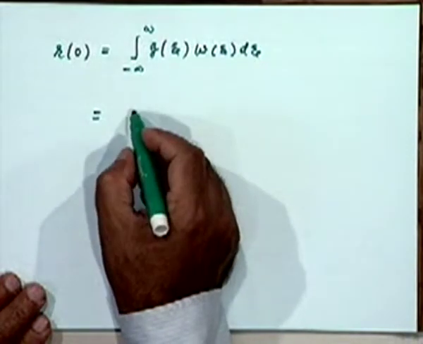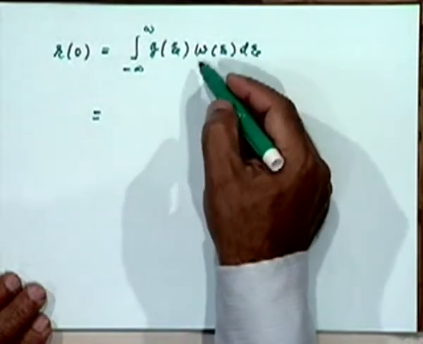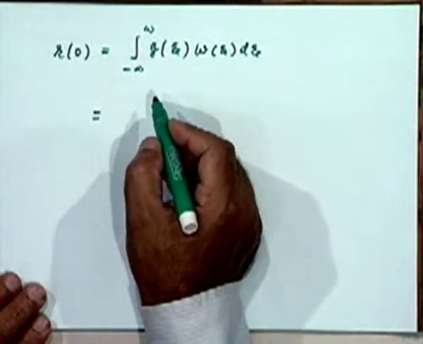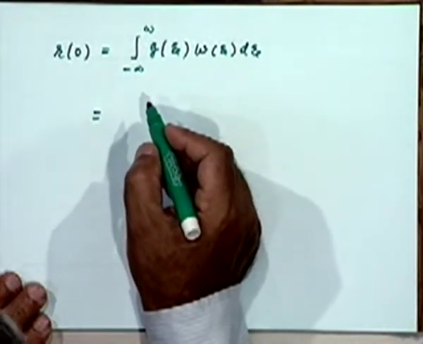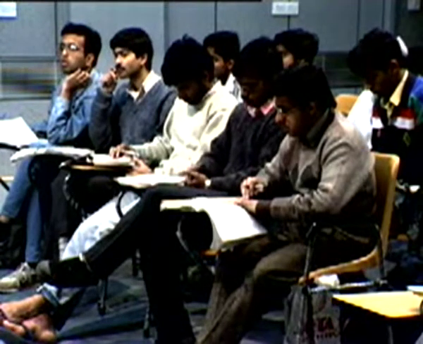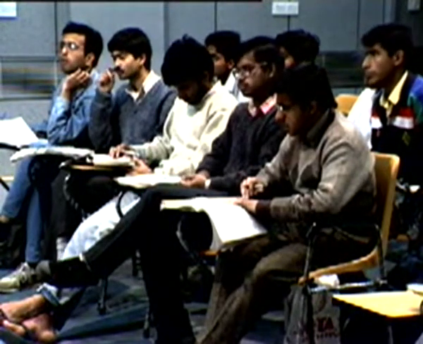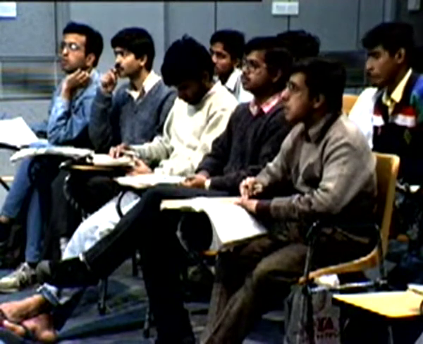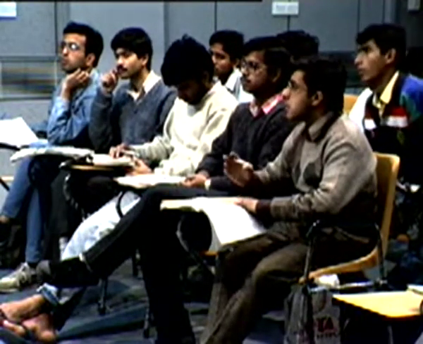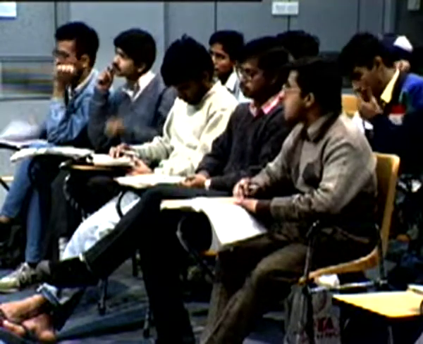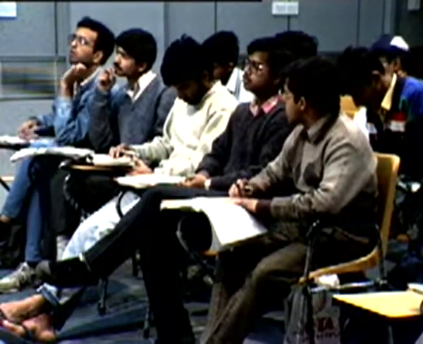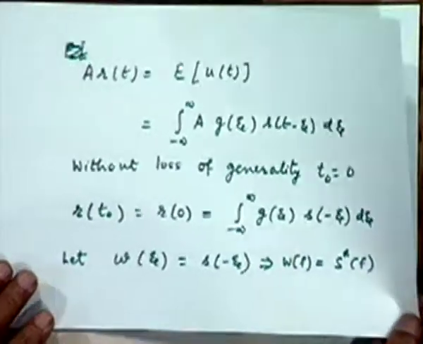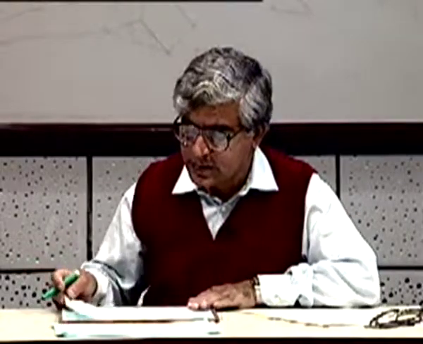By Parseval's theorem, if we apply Parseval's theorem, what will you get? Right now we're doing the convolution of G and S. So far I have not come to the frequency domain. It's all time domain. Now I am coming to the frequency domain. Is that okay?